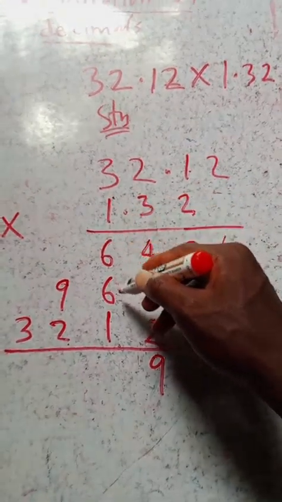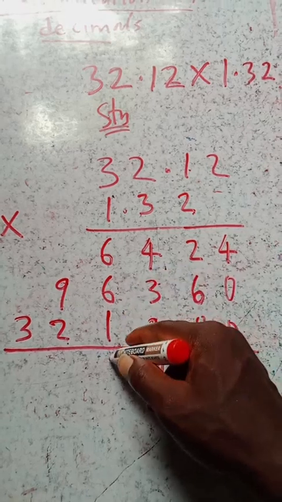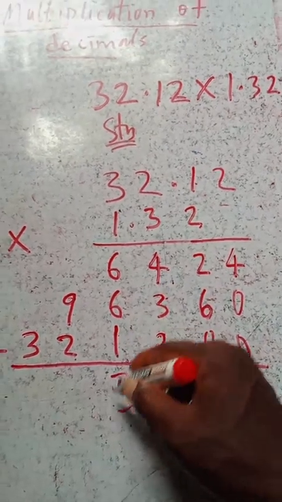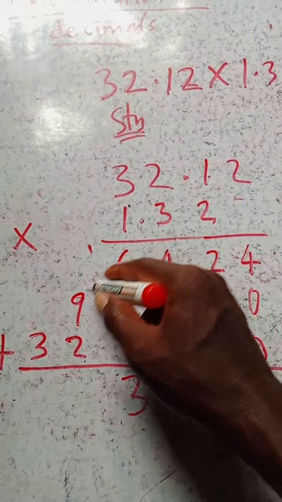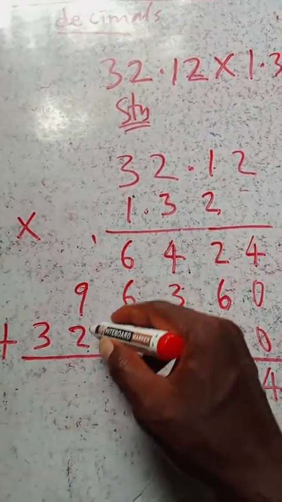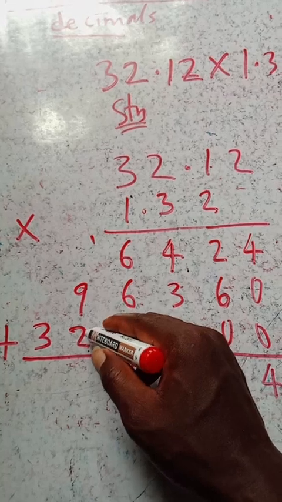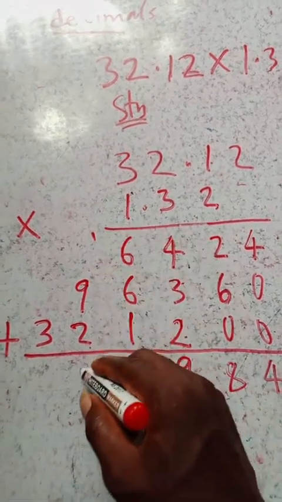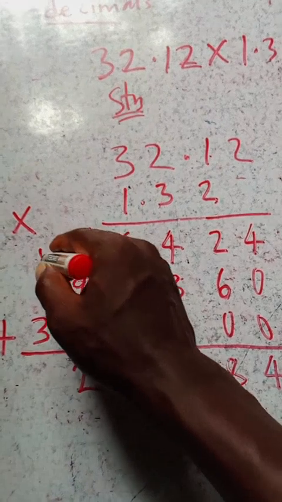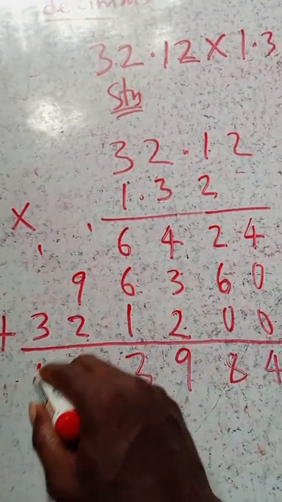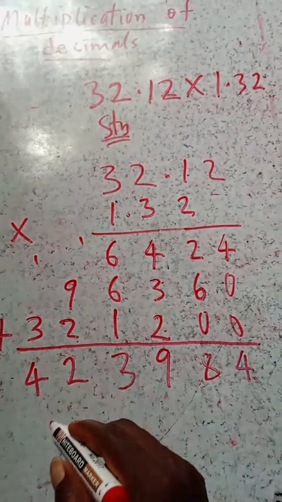Yeah, 6 plus 6 is 12. Plus this is 13. Write down 3 and carry 1. So 9 plus 2 is 11. 11 plus that one is 12. Write down 2, carry 1. That one plus this 3 is 4. Are you seeing it?